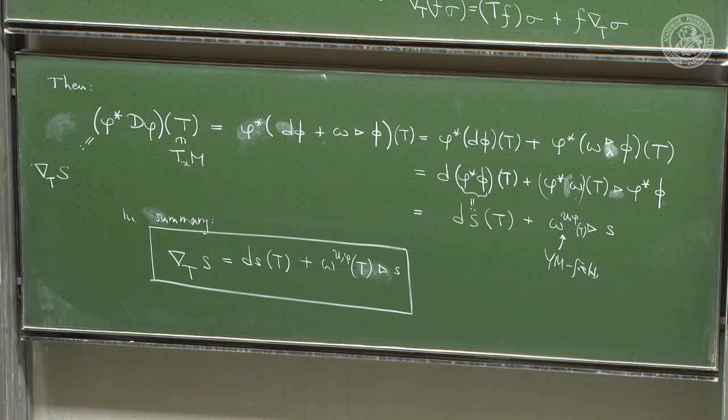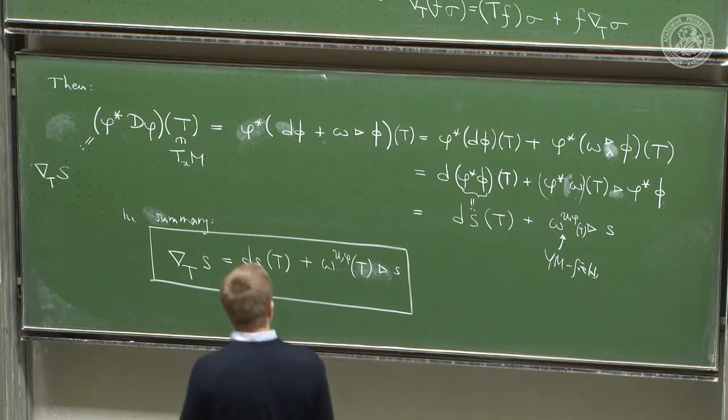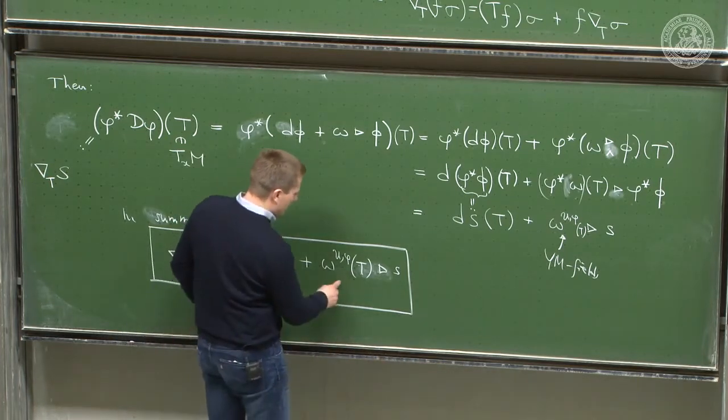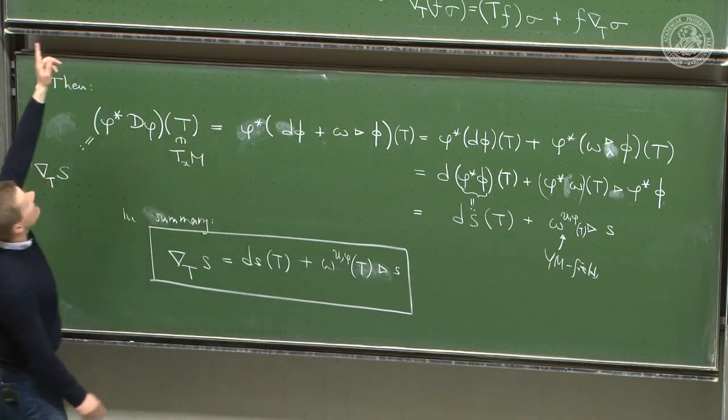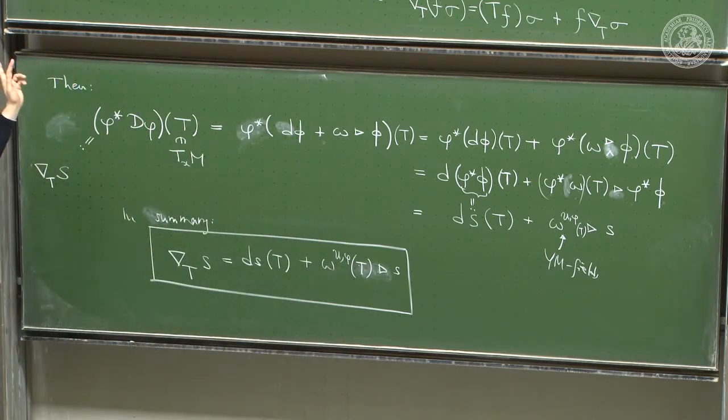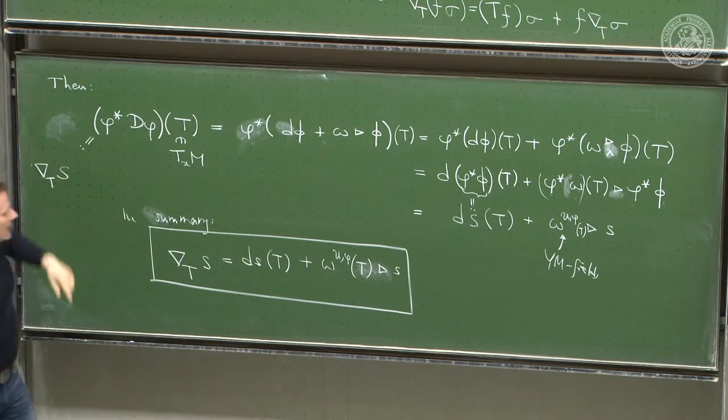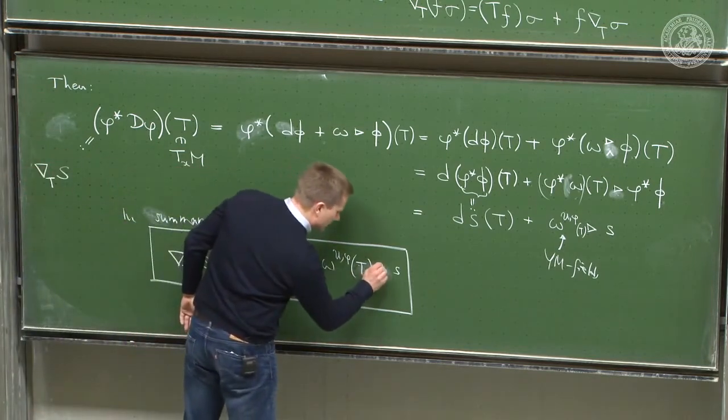And now I want to point out one important bit, and that is in everything we did here, we can do as we wish, and we can choose the omega as we want to have it. Okay, the connection 1 form. But there is another choice we can make.